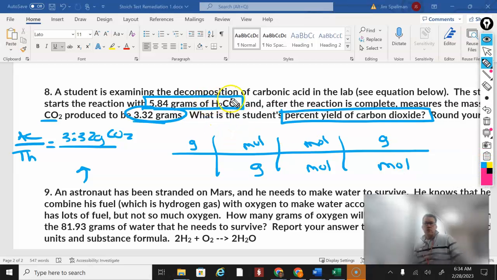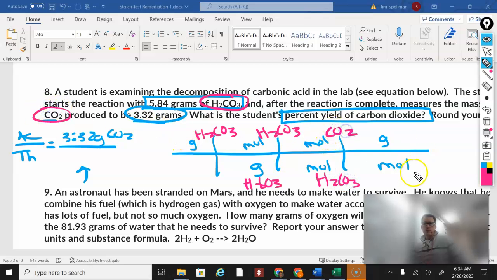We're starting with H2CO3, and we're ending with CO2. Then the numbers, 5.84 is going to go in the beginning.